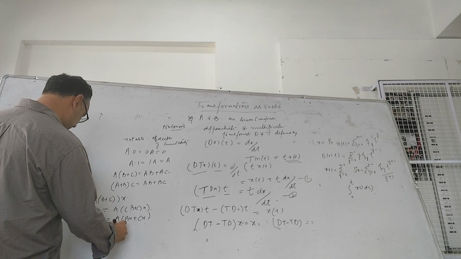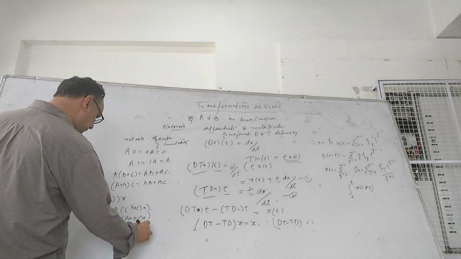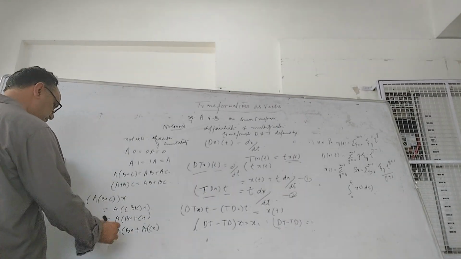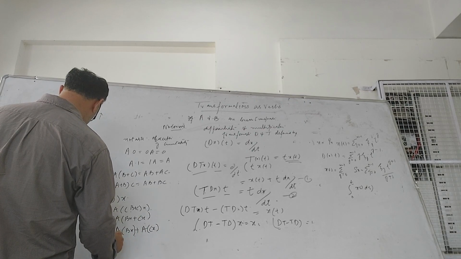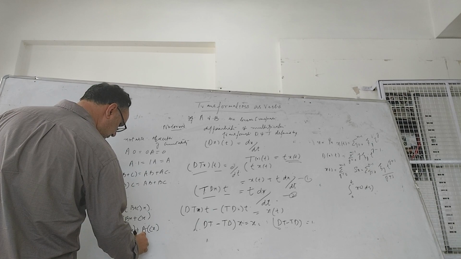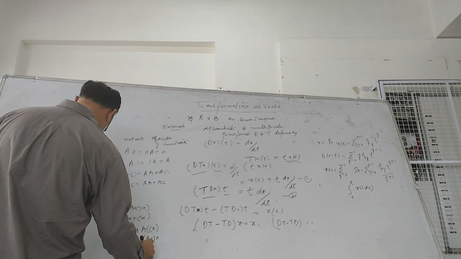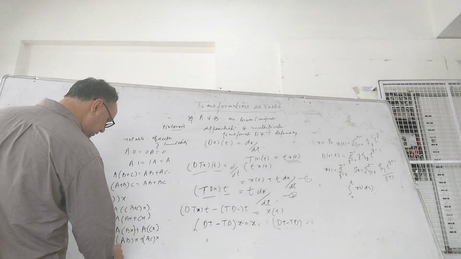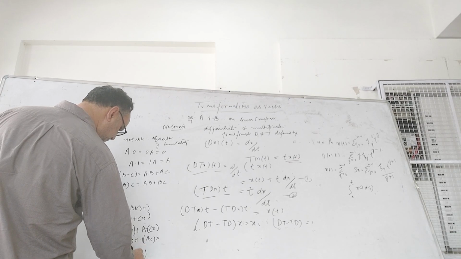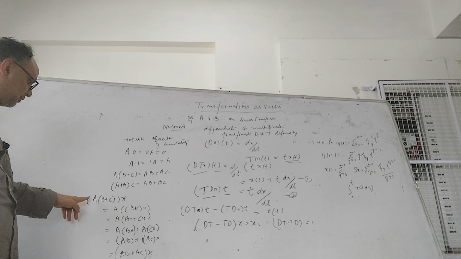Then it will be A into BX plus A into CX. Then it will be AB into X plus AC into X. Or we'll just write it like this: (AB plus AC) into X. So this is a simple way.